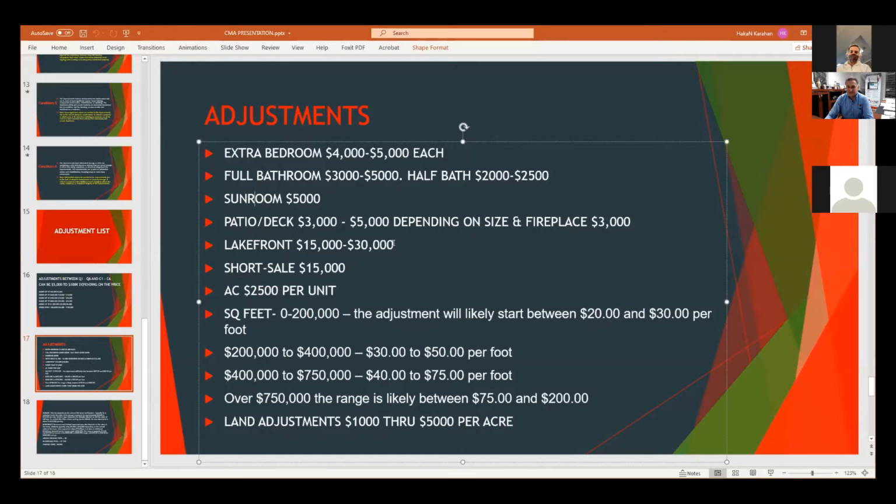Now, depending on the area, if you are in a very high-priced lakefront area, because of the lot, this can go up to $300,000, $400,000, $500,000. Short sales, I would use a $15,000 adjustment if you're comparing this property with other non-short sales.